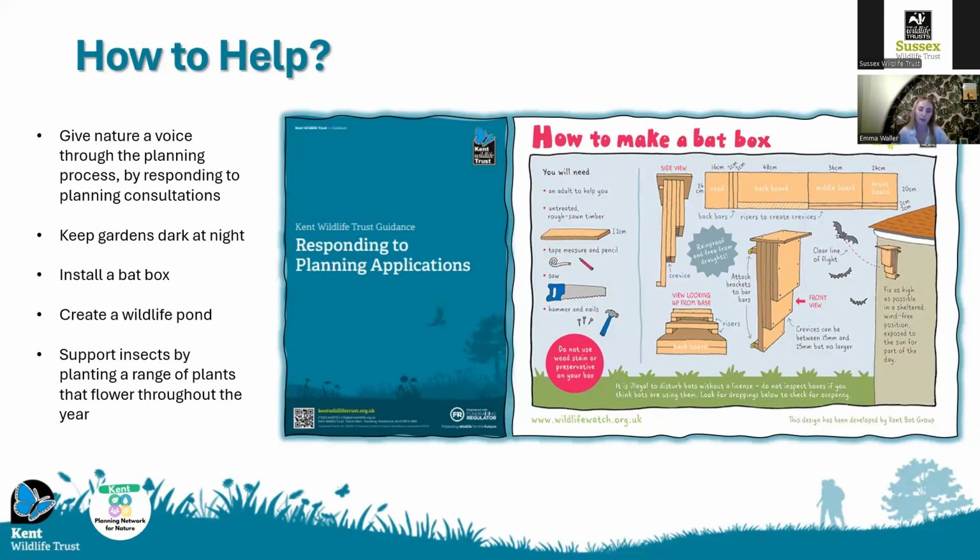If you have security lights, then you can fit them with hoods to direct the light downwards, or you can set them to a timer or have them come on only when triggered, which will help keep your garden dark.